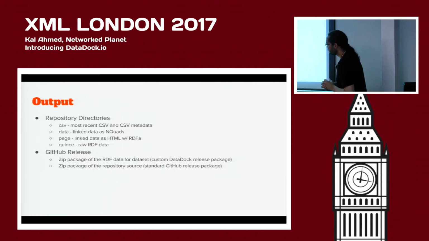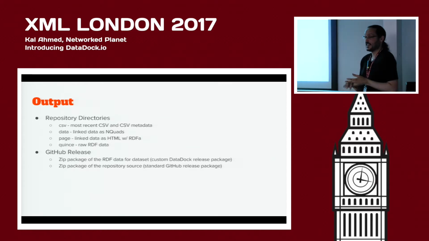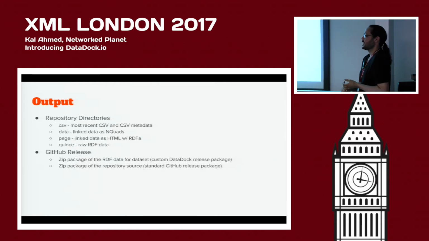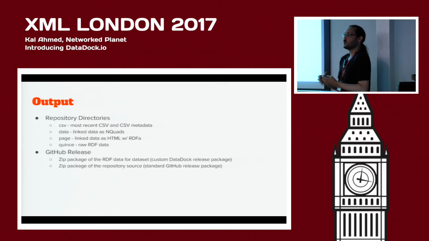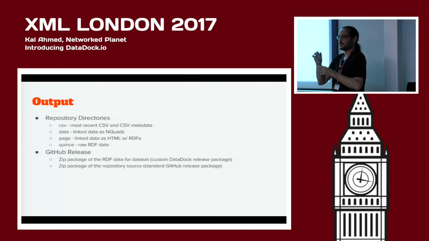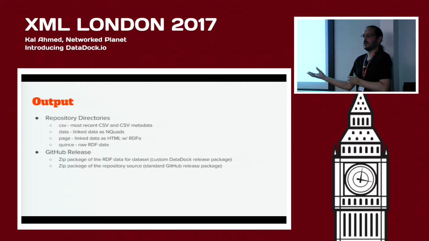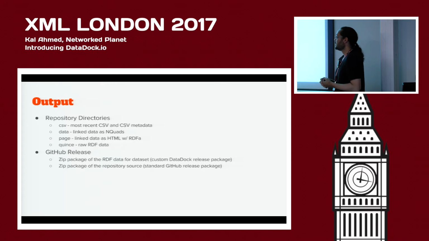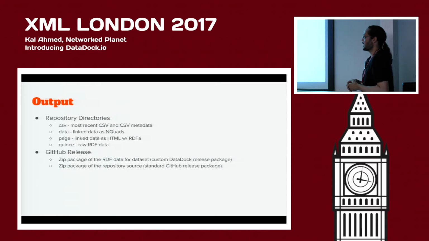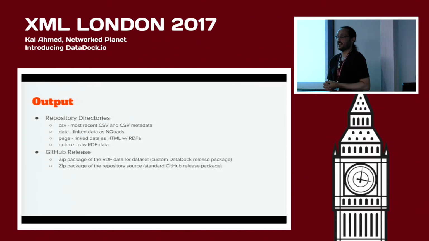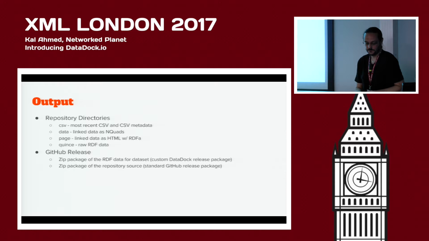The data folder contains all of your linked data that's been generated as N-Quads files, so each individual resource has an N-Quads file. The page folder does the same thing, but in HTML with RDFa embedded. And finally, there's a directory called quints, which contains the raw RDF data. So this is actually the RDF data store, the persistent store for your data.